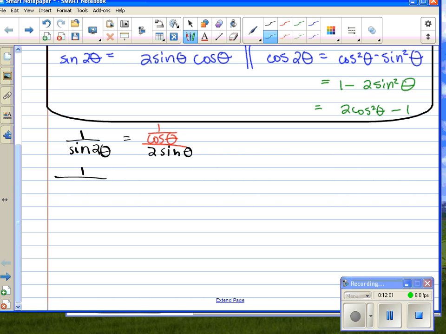So I put sine theta minus cosine. And I multiplied the right side with both sides.